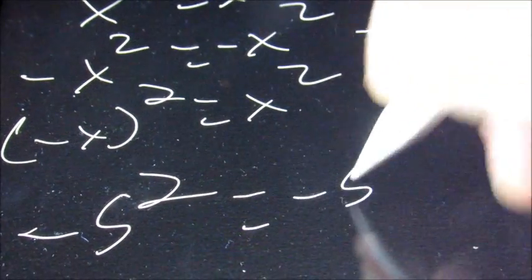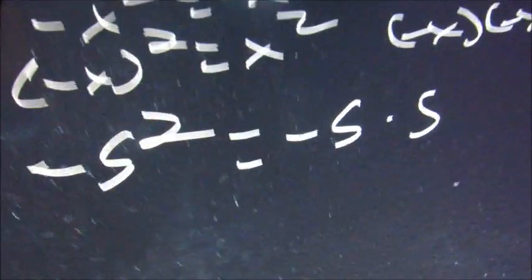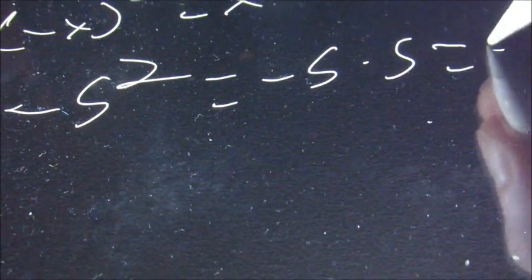So you can rewrite these if you need to. So we have negative 5 squared. Now I'm going to use an actual number. This means negative 5 times 5, because we're using 5 two times. And negative 5 times 5, we have one negative, so that equals negative 25.